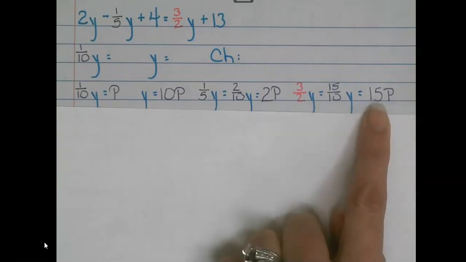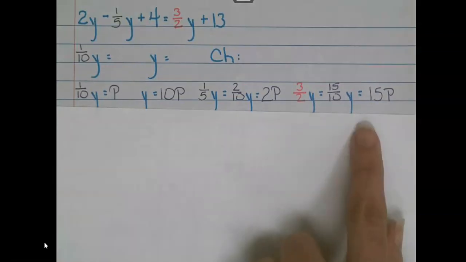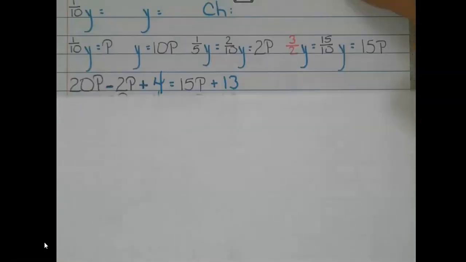So now that I have those all worked out, I can plug these new values into my original equation. And so my new equation is 20p minus 2p plus 4 equals 15p plus 13.